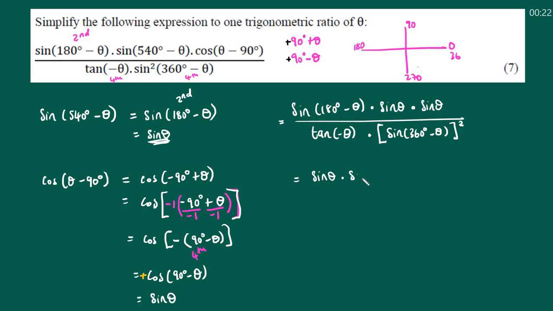Then you have another sine theta, and then another sine theta. And then here it's tan minus theta. Remember, now it's a negative angle because it's minus an angle. We take them as if they're in the fourth quadrant, and in the fourth quadrant it's only cos which is positive. So the answer here should be negative what? Tan theta.